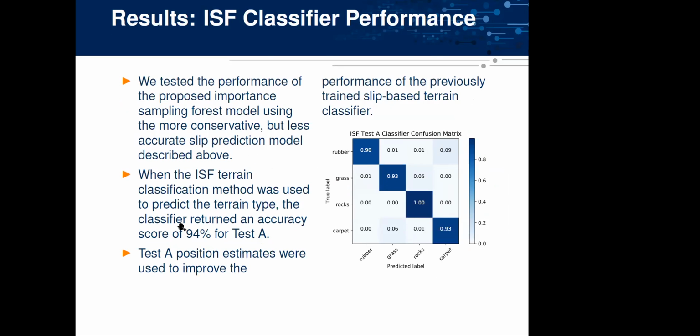The accuracy was 94%, and the method seems promising, but remember, with the first decision tree testing, it also seemed promising.